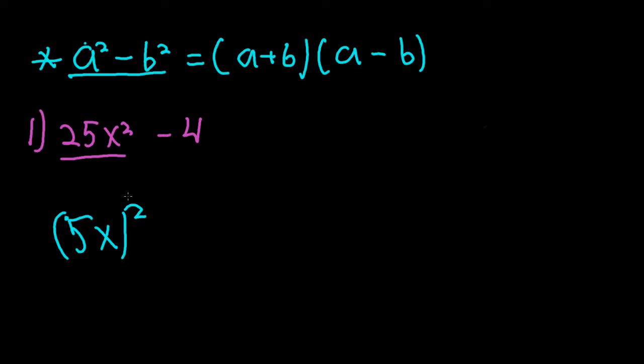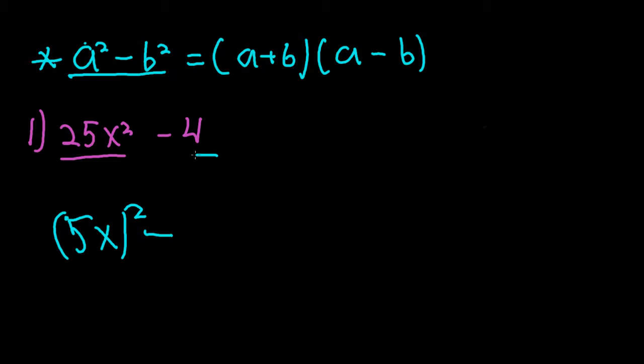If we follow our exponent rules, since the exponent 2 is outside of the parentheses, we distribute it inside and get 5 squared times x squared, which is indeed equal to 25x squared. So I'm going to write minus.